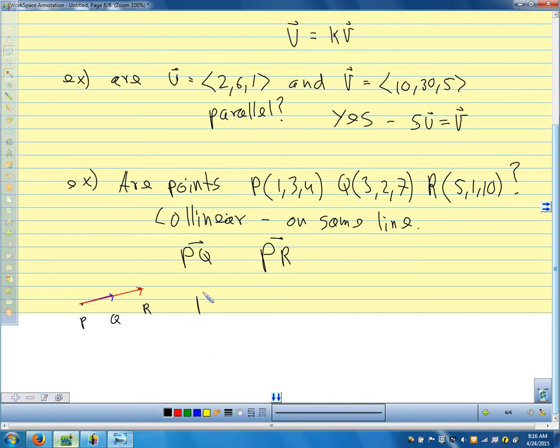Finding the component form of PQ is easy. Terminal minus initial. So what would PQ be? 2, -1, 3. And PR, terminal minus initial again: 4, -2, 6.